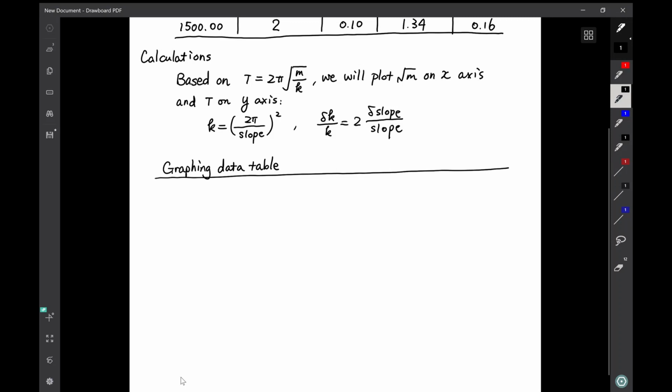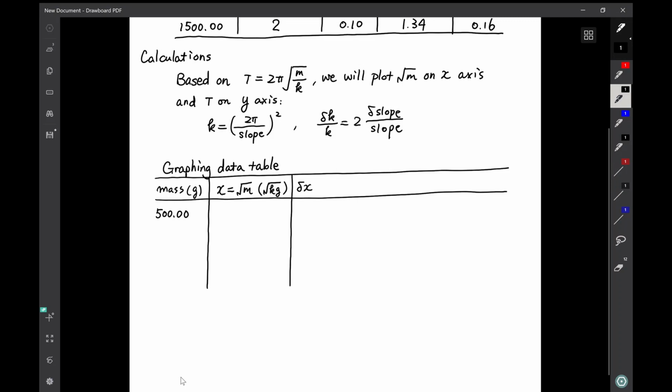It's a list of the X quantities and its uncertainty and the Y quantities and its uncertainty. So X is the square root of M. That's how you calculate its uncertainty. And the Y is the same as data, the period.